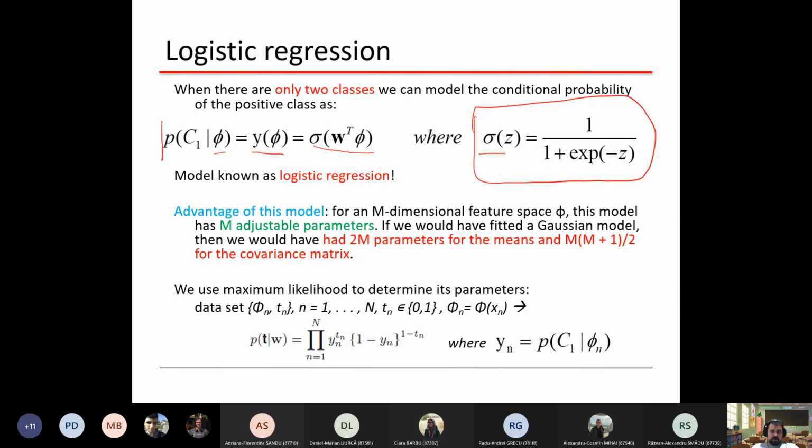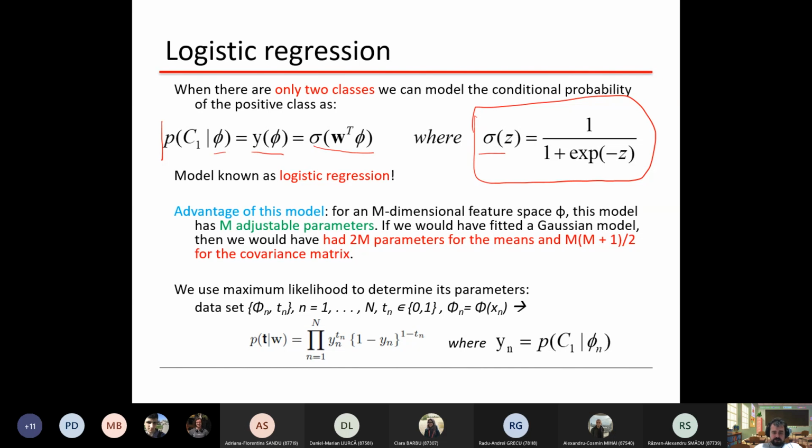If we would have fitted a Gaussian model for this data set, we would have had 2m parameters for the means, because we would have 1 mean for each class, each having m dimensions, and we would also have the covariance matrix having m multiplied by m plus 1 over 2 terms. So it's better to use this model where we have the basis functions that will transform the initial space into a new space that has only m parameters.